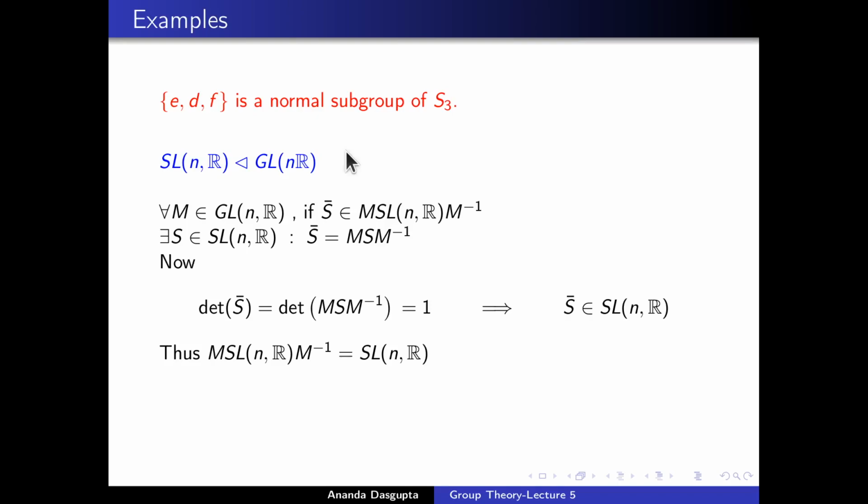The final example that we are going to take a look at is in a way related to the previous two examples. Here the group is O3, the set of all rotations and reflections in 3 dimensions, or in more mathematical terms, the set of all 3 by 3 orthogonal matrices, and the subgroup that is also a normal subgroup is SO3.